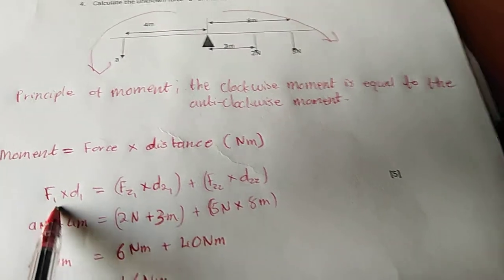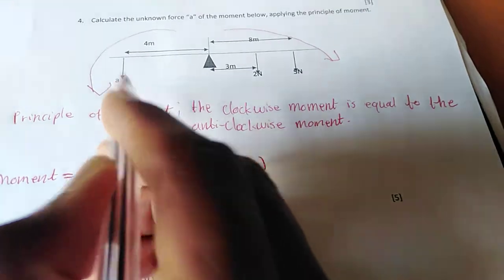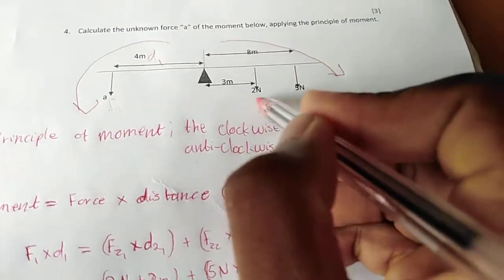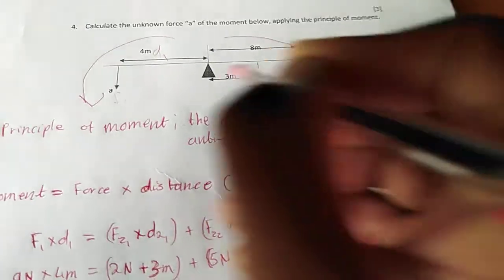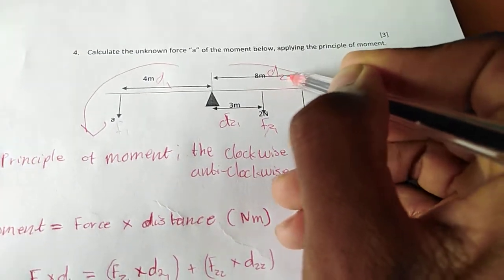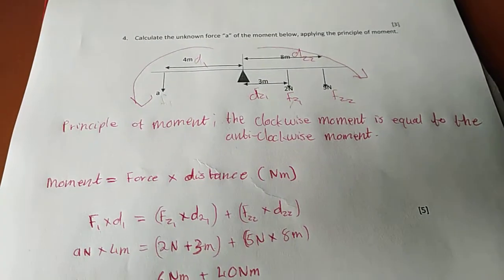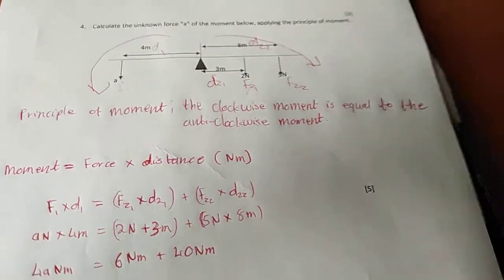This is F1 times D1. My F1 is this one, and my D1 is this one. And here I have my F2 and my D2. So on the clockwise side I took it as the second force, and on the anti-clockwise side I took it as the first force.